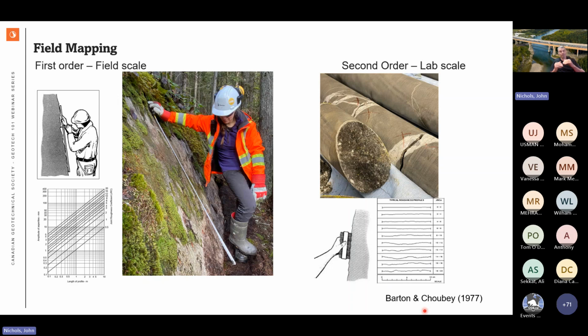Then you can apply a secondary scale, a lab scale, more centimeter scale approach. Looking at it from different perspectives, these could all add to how it's used in the remedial design or the solution to your problem. So roughness is one of the key factors we look for. It's very important.